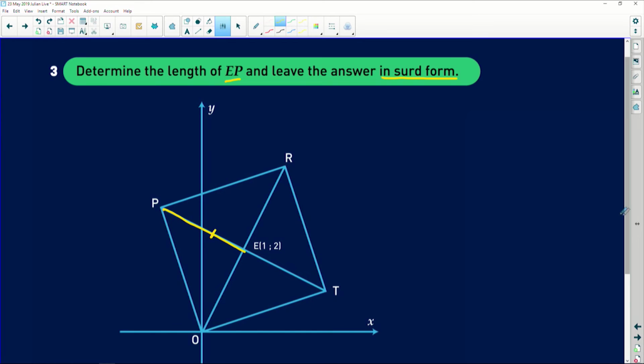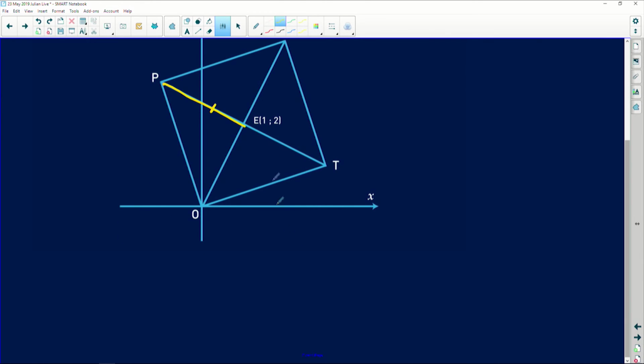So that means that my point E, no matter which vertex on my square I go to, that distance is going to be exactly the same length. So I'm going to use that to simplify this calculation. If I take it from my origin to my point E, that is also equal to the distance EP.